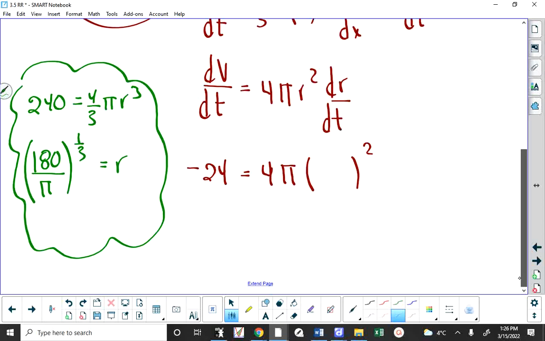And I want to make a point. You've already got your next assignment, and somewhere on the assignment it says all work must be done as exact values, and you can round your final answer as a decimal. If this were a written response, I don't want this number, the cube root of 180 over pi, written as a decimal yet.